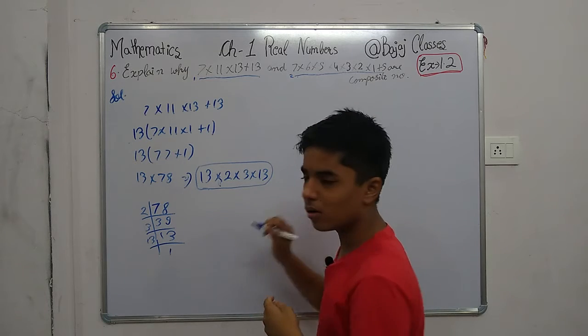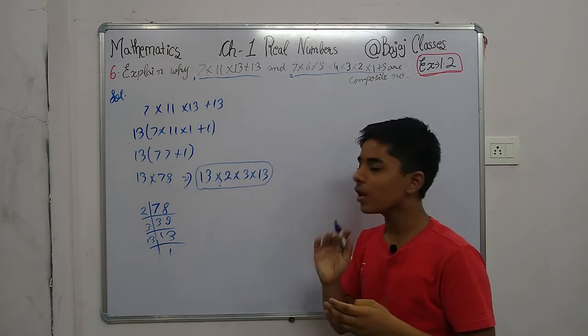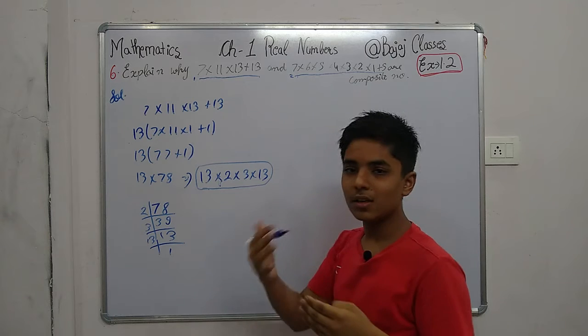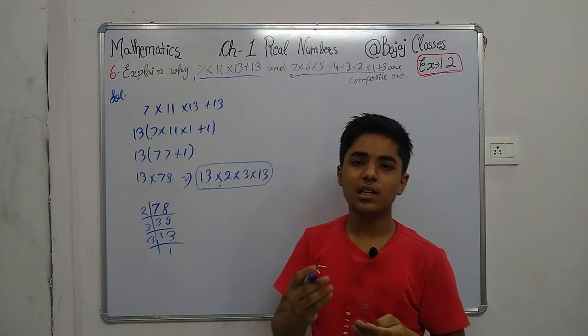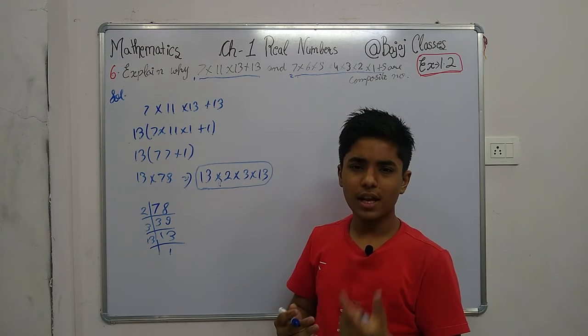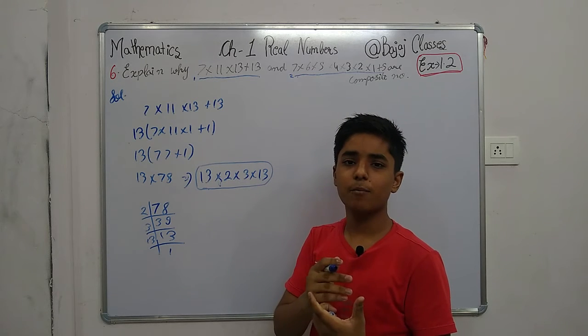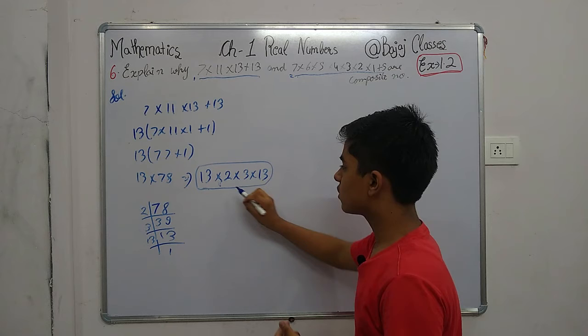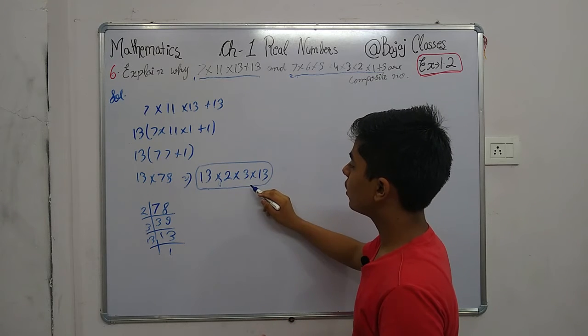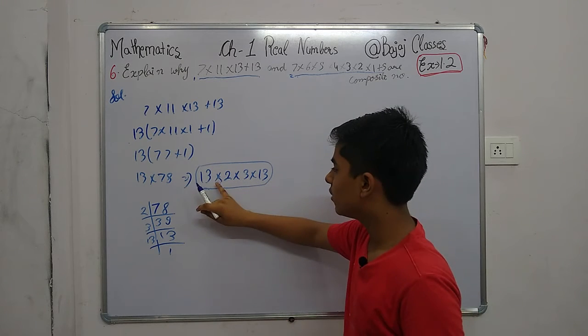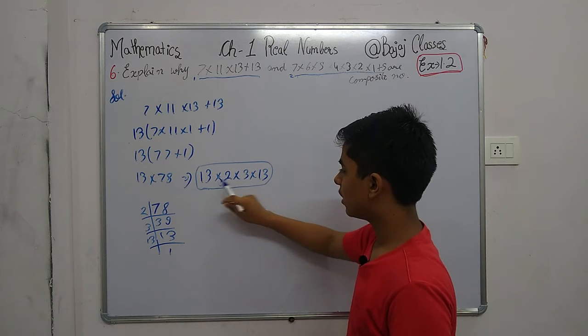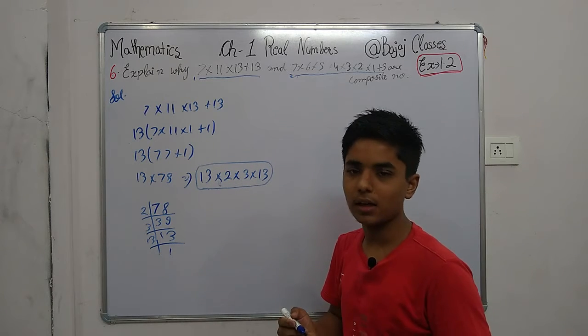So this is a composite number, because you know that any composite number has many factors other than one and itself. So 13, 2, 3, 13 are all factors of the number produced by multiplying them.